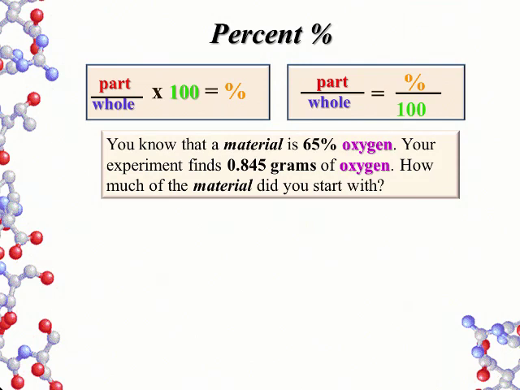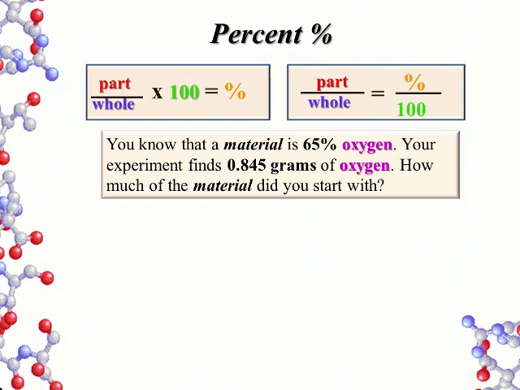Our last example is a reverse of this previous problem. The numbers are the same, but the unknown has changed. Again, we are interested only in the percent part of the problem. You know that a material is 65% oxygen. Your experiment finds 0.845 grams of oxygen. How much of the material did you start with?